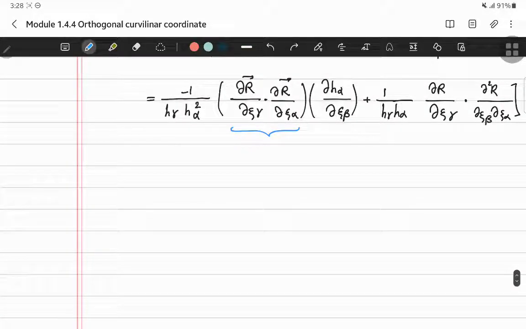E gamma, H gamma dot H alpha, E alpha. And basically it is H gamma dot H alpha delta gamma alpha.